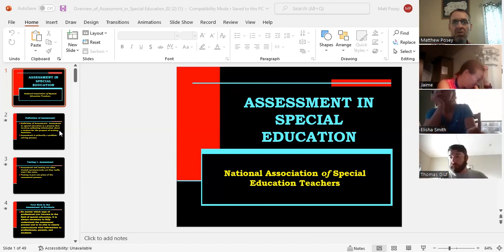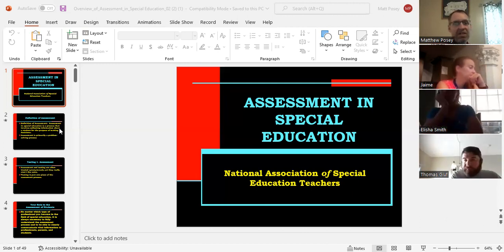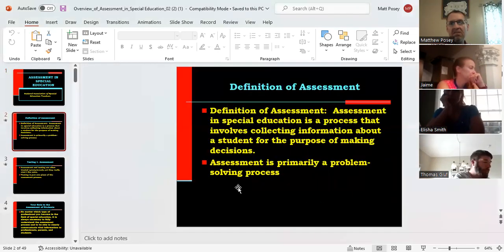So we're looking at different assessments in special education. We have some simple definitions of what assessment is. It's a process of collecting information about a student for the purpose of making decisions. You also refer to this as data-driven decisions. It's primarily a problem-solving process.